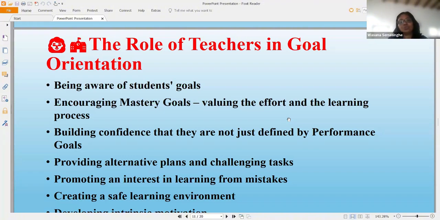So teachers who show enthusiasm for learning, enthusiasm for working hard, and enthusiasm for continued learning inspire students to develop the same attitudes in themselves. So teachers influence students' goal orientation in many ways.